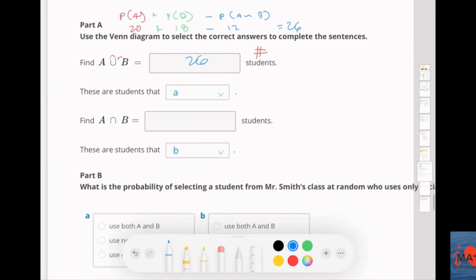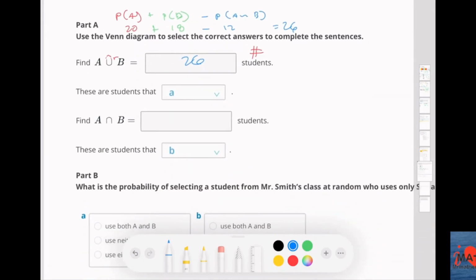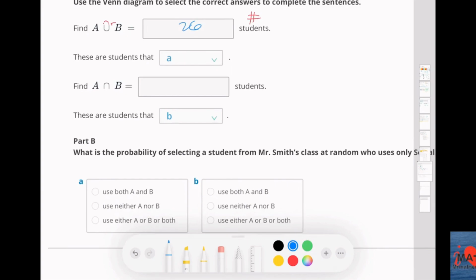Okay, these are students that are what? Use either A or B or both. Double check that one.